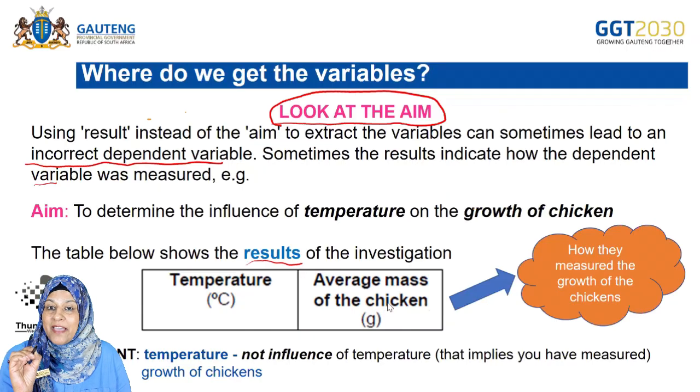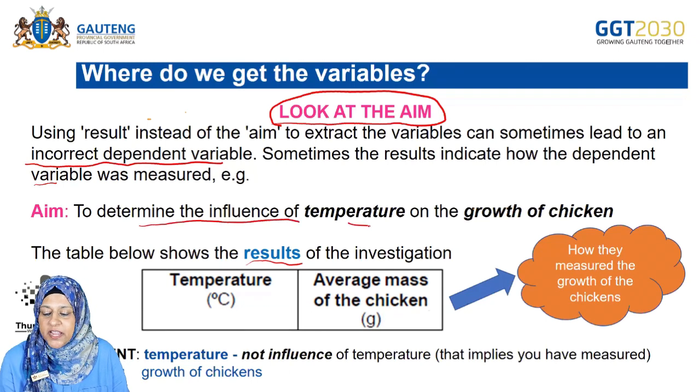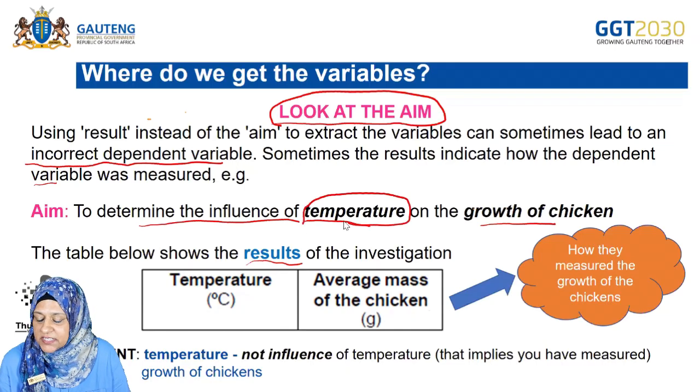So if we look at the aim, it is saying to determine the influence of temperature on the growth of chicken. So our independent variable is temperature, just temperature, and our dependent variable is growth of the chicken.